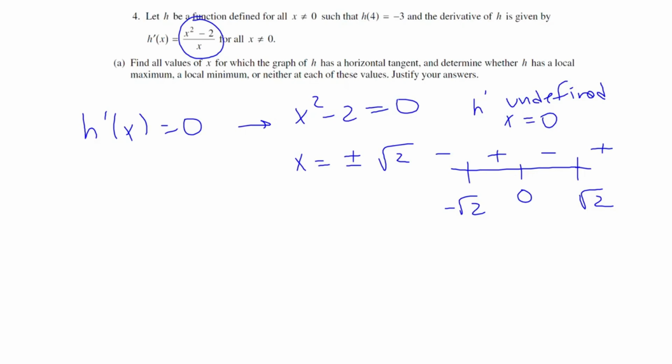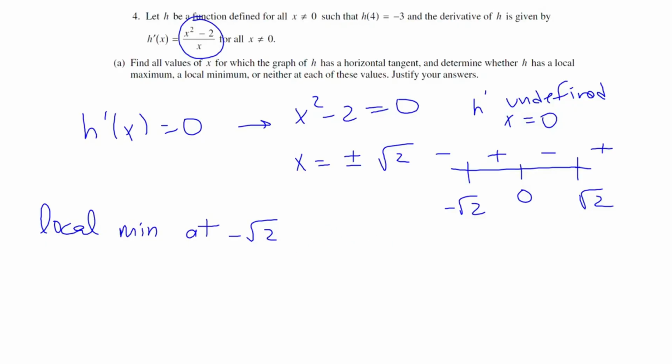So we'll just go ahead and say that we have a local min at negative root 2. Oh, sorry, a local min, not a max, at negative root 2.